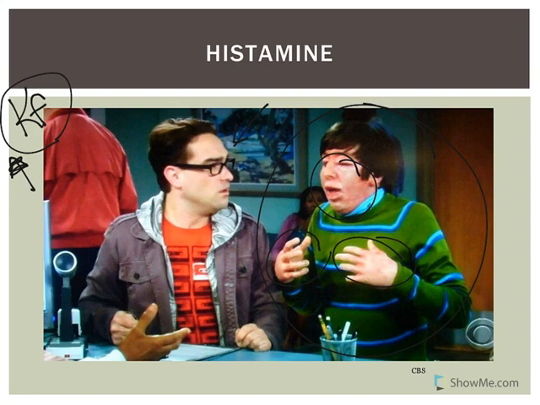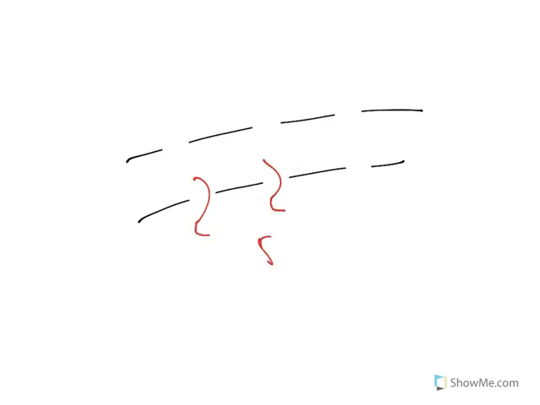Now, one last thing that also can lead to edema is if you damage a blood vessel. So I'm just going to draw a blood vessel, and you damage it where things start to leak, like proteins leak out. That's going to affect that pressure.